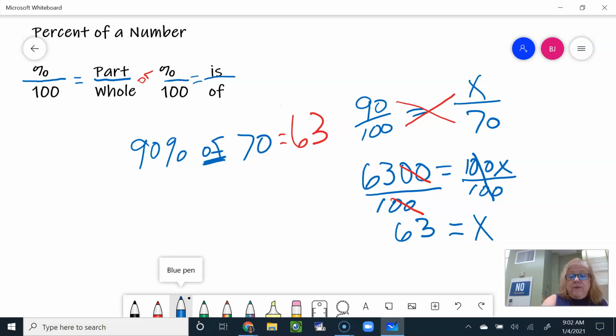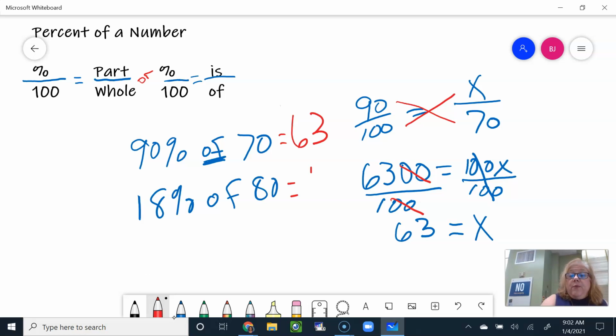Notice that on both of our problems, the other one was 18% of 80. And that one equaled 14.4.